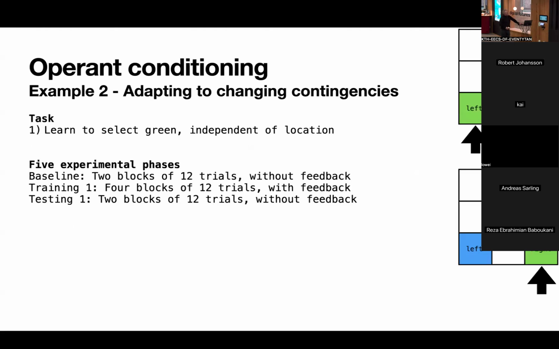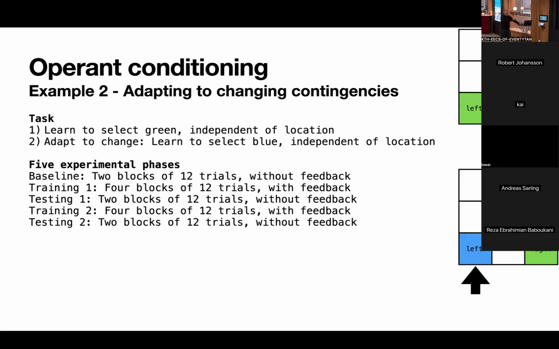Let's say that we have the same task: learn to select green independent of location. But then in the middle of the task, we change the task to the opposite. Now I instead give feedback when the system selects blue rather than green.